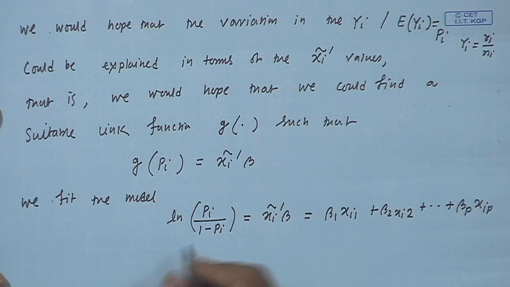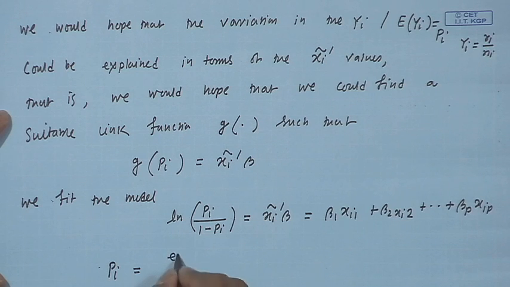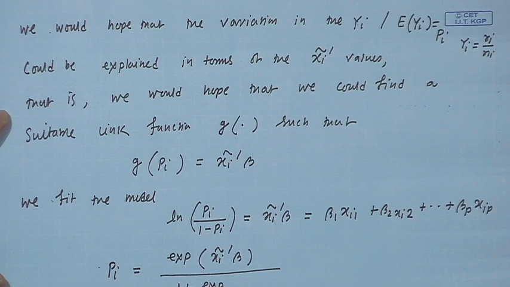Okay. And this one can be written finally as p_i equal to exponential of x_i prime beta by 1 plus exponential of x_i prime beta, as I wrote before also.